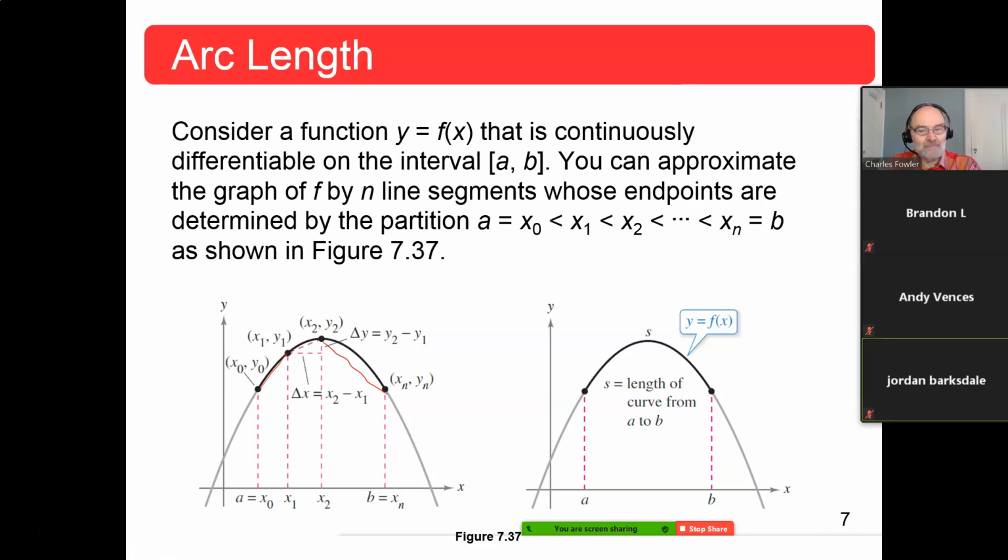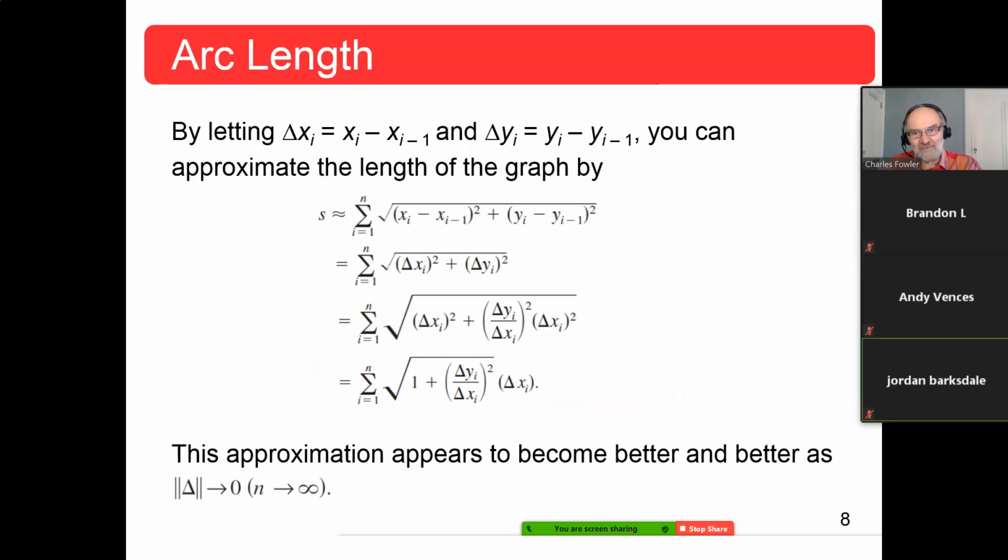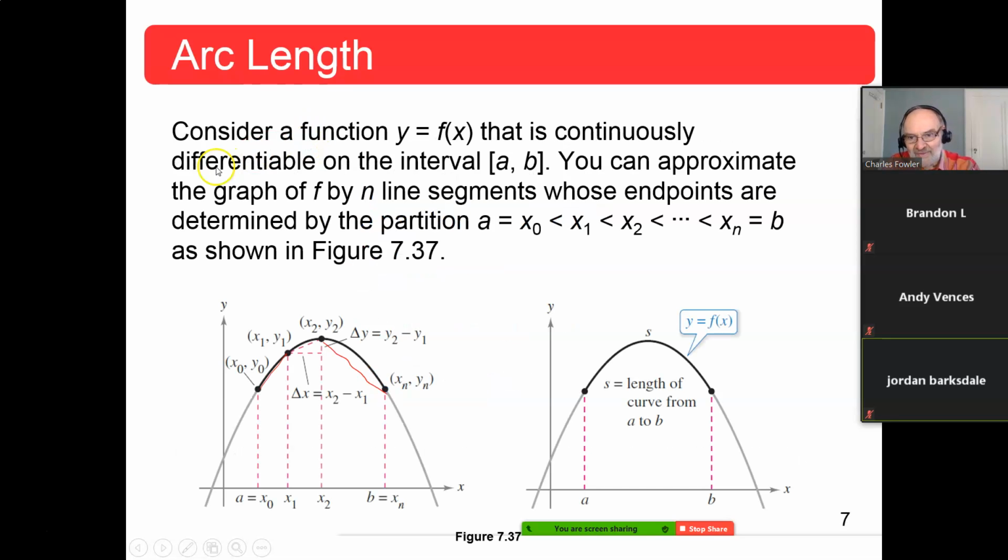Okay, and I bet you know what's coming, but they're going to drag it out for a while. By letting your delta x sub i, that would be this right here, this would be delta x sub 2, because it's x2 minus x1.